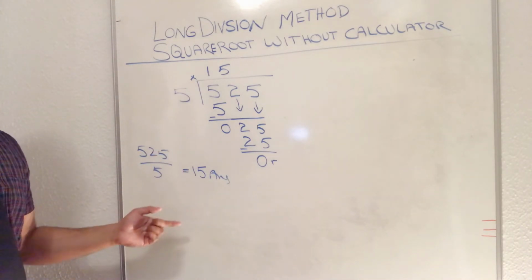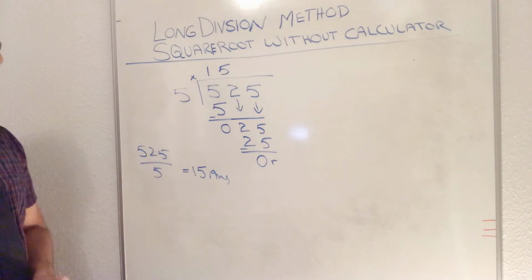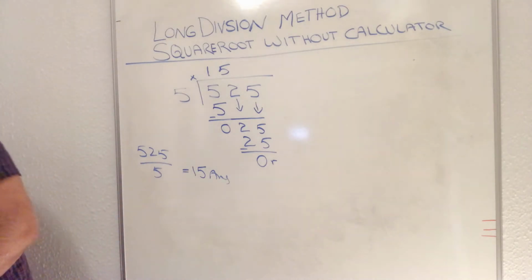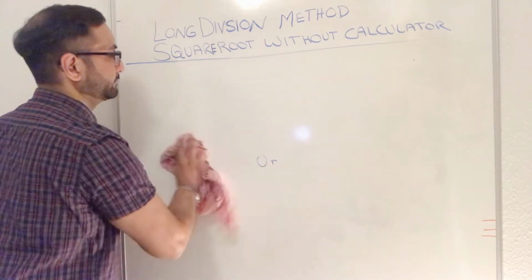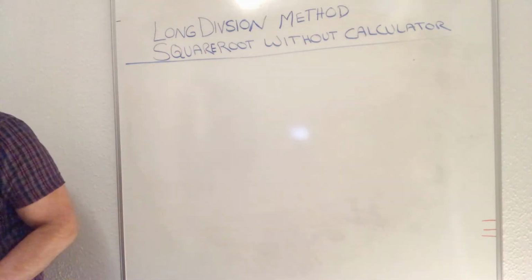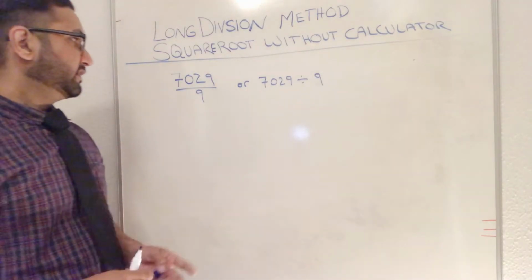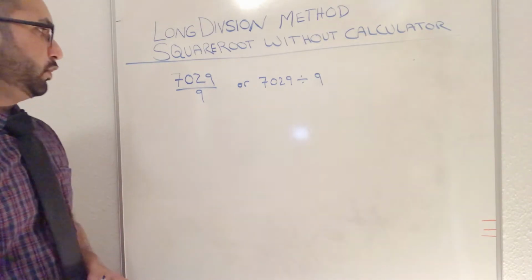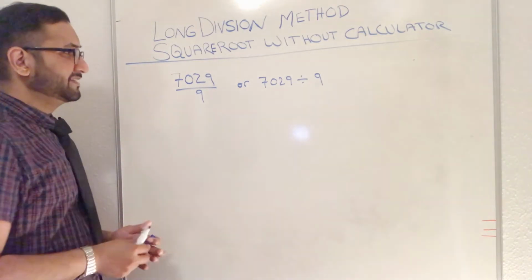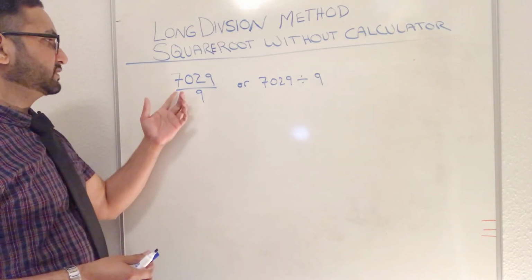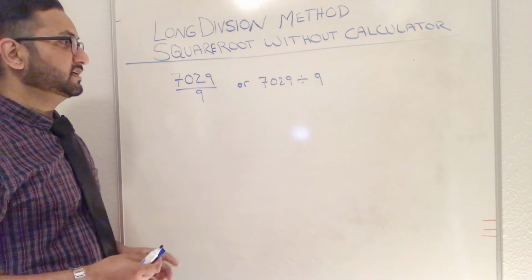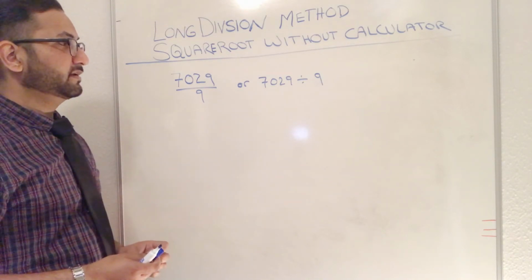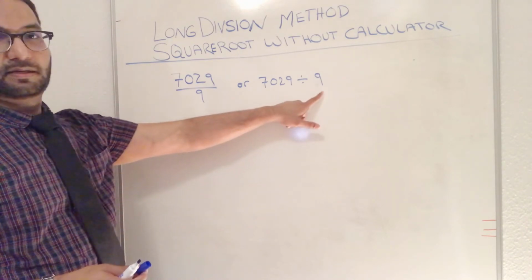I will give you another example of a long division. The question can come like this: 7,029 divided by 9.